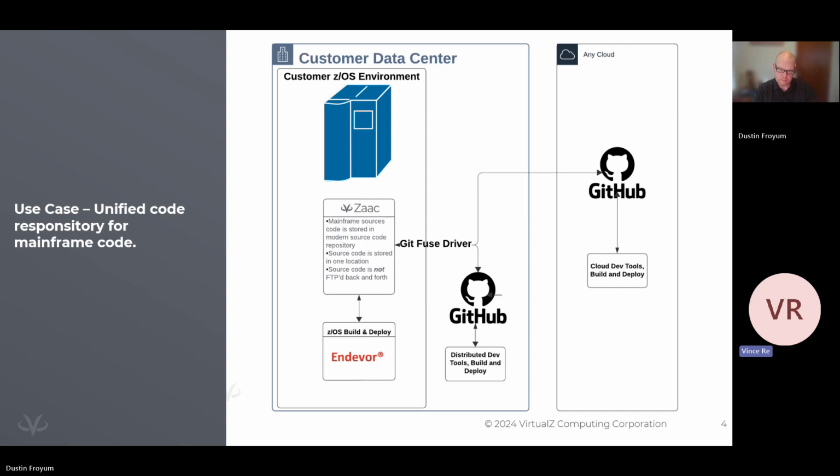I can run the IBM assembler, specify a data set that happens to be on a Zaac virtual disk volume, and really what I'm doing is reading and writing the GitHub repository. Behind the scenes, I get all of the GitHub functions. So if I needed to, let's say I need to revert that code to the way it existed a month ago, I can absolutely do that.